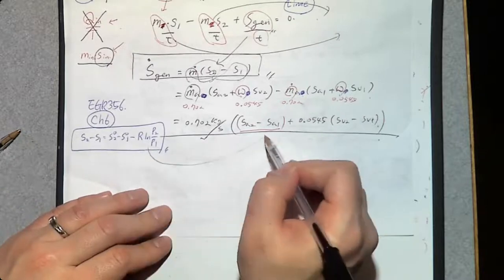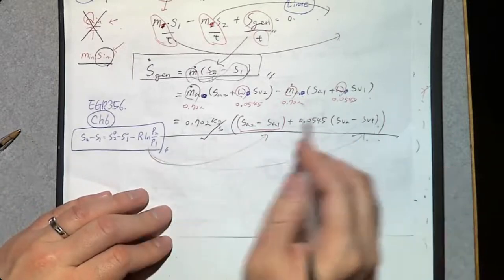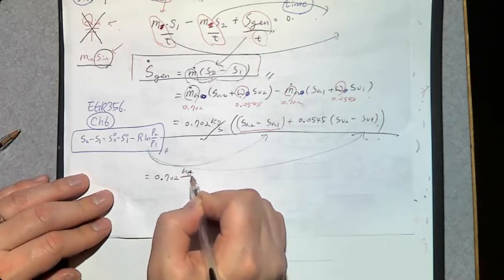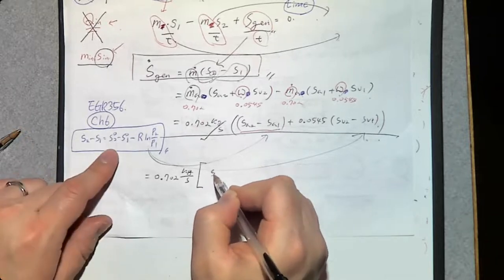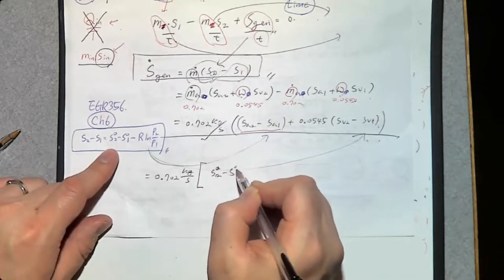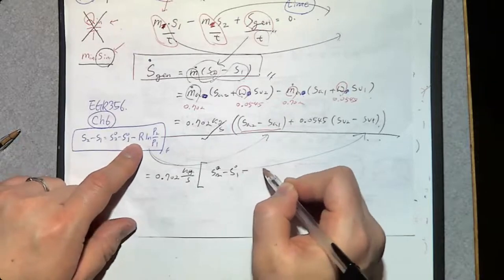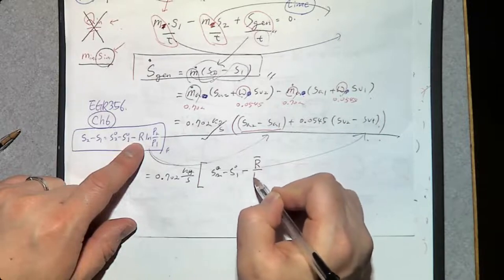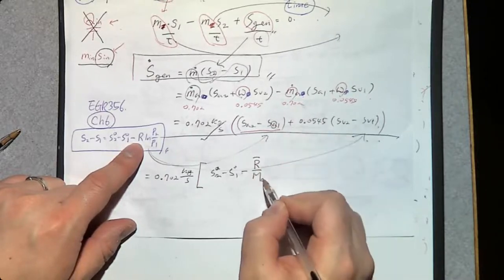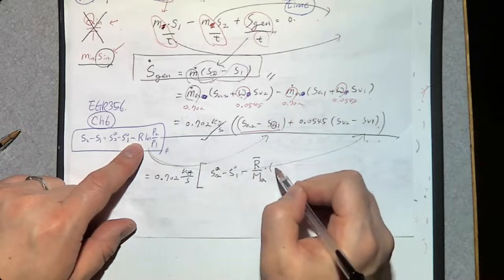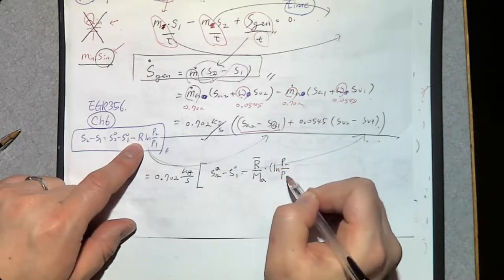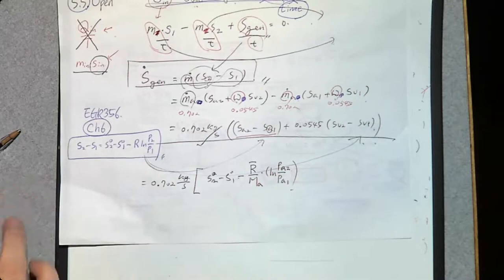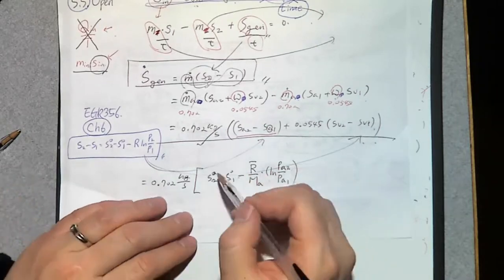Let me use this equation for dry air. Let me use this equation for water vapor. So this equation becomes 0.702 kilogram per second times S degree 2 minus S degree 1 minus gas constant R. This gas constant R can be evaluated by R bar divided by molecular weight. By the way, this is for air. So R over MA times natural log P2 over P1. This is going to be PA2 over PA1 because this is for air.